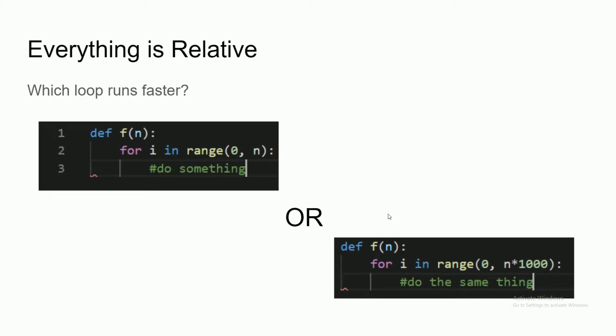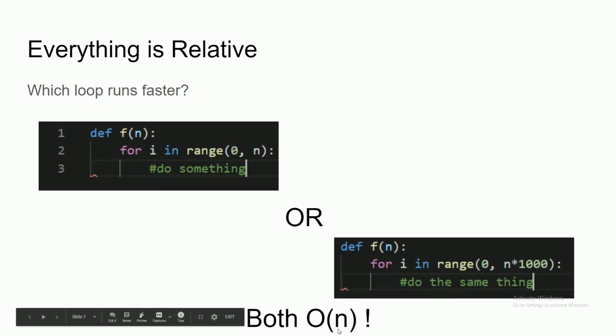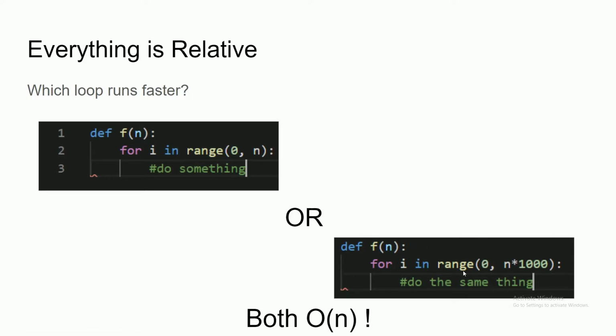So this is what complexity is getting at: as the input size increases, how much longer does it take for the algorithm to run? Because these both scale directly, we'll denote both of these as running in big O of n time, or in linear time, even though this one would finish much sooner than this one.